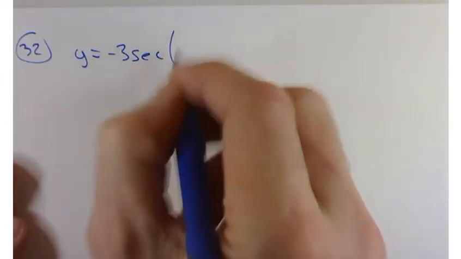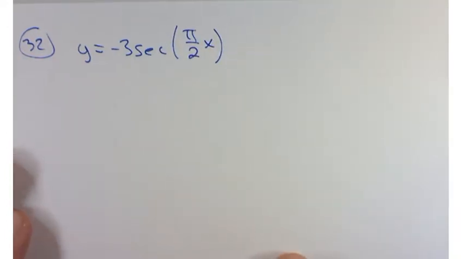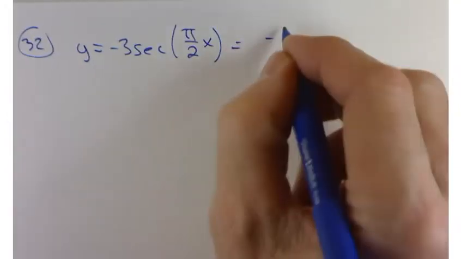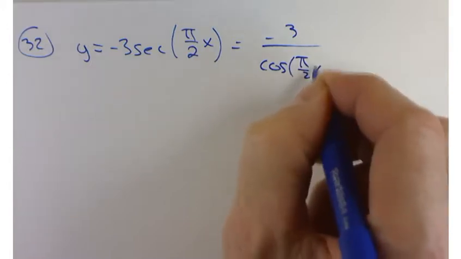Y equals -3 secant of pi over 2 times x. That's the same as -3 over the cosine of pi over 2 times x.